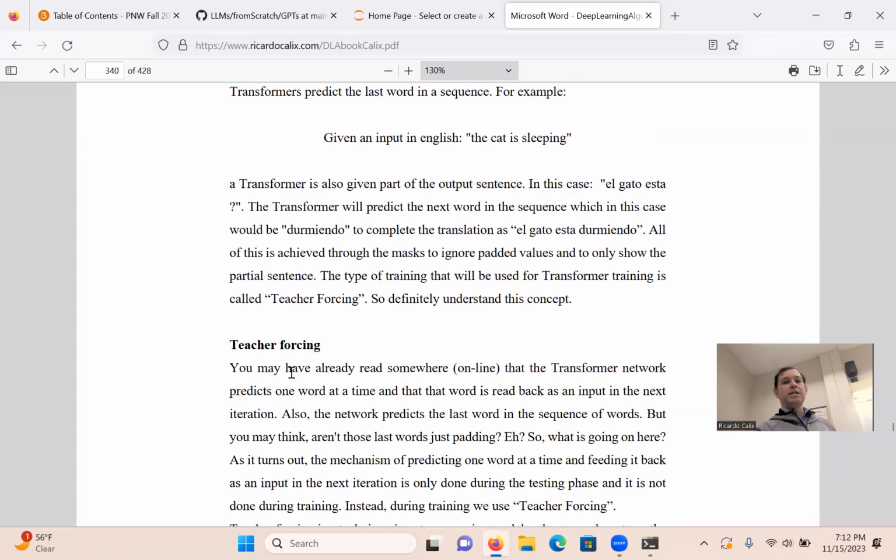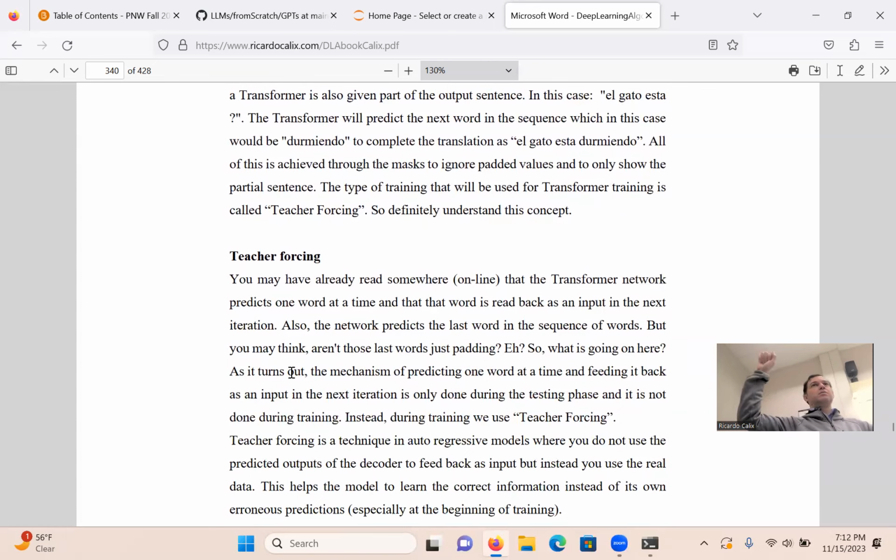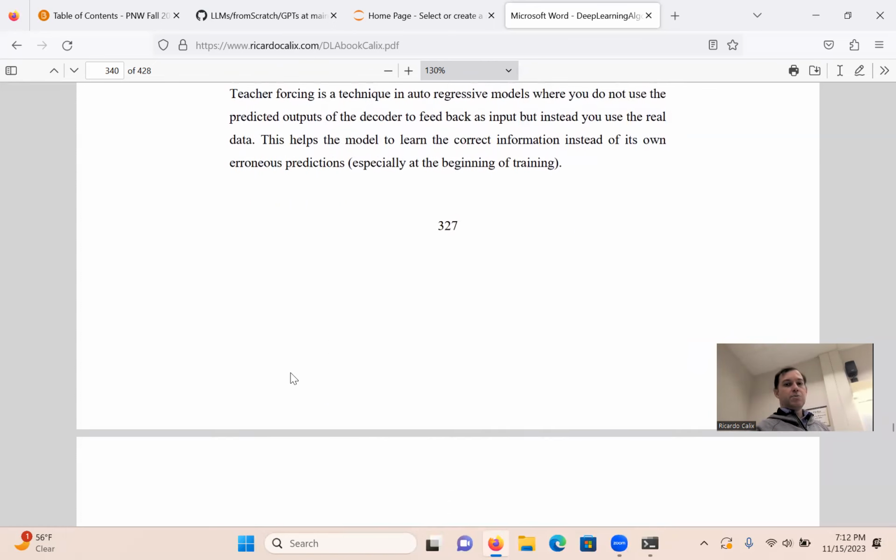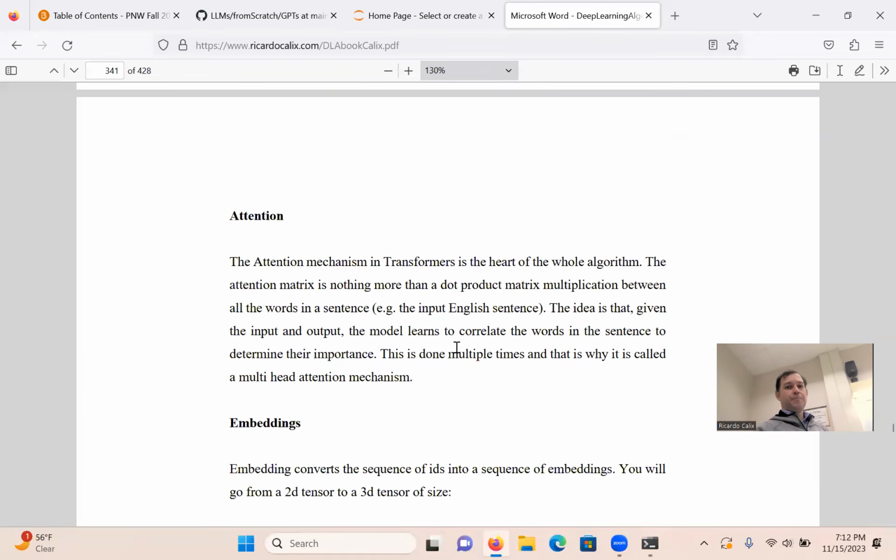Teacher forcing is that idea of shifting that I already discussed. So that's one of the ideas. Attention. The attention mechanism, I'll read through it for now, is key. This was invented before, and they just implemented it into the transformer. The attention mechanism in transformers is the heart of the whole algorithm.